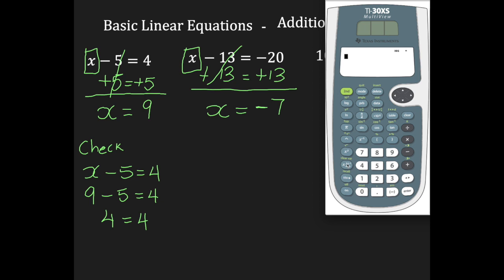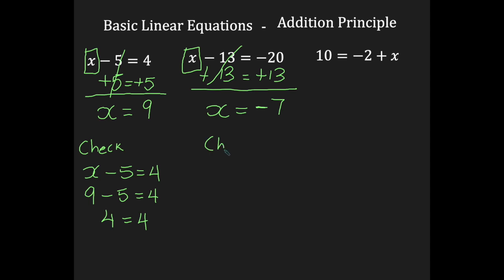The only thing you can put in the calculator is the arithmetic. So if you're on the calculator section, you have to know how to solve this. All you can put in the calculator is negative 20 plus 13 and hit enter and get negative 7. You cannot put the entire equation in the calculator. All of us teachers would be out of jobs if the calculator could do that.